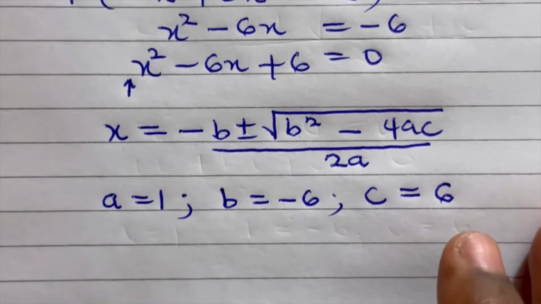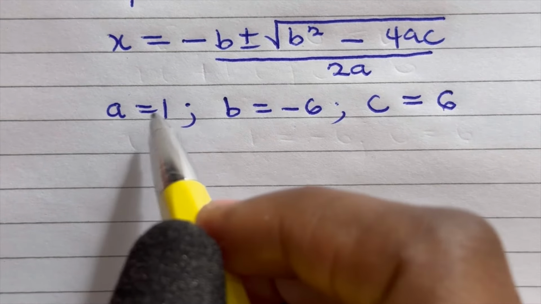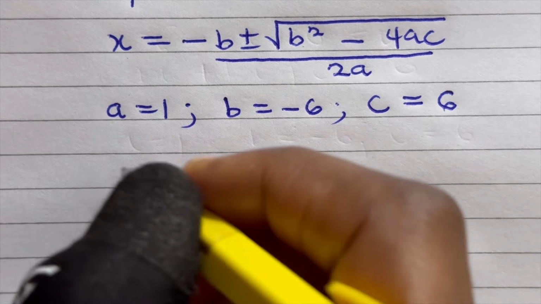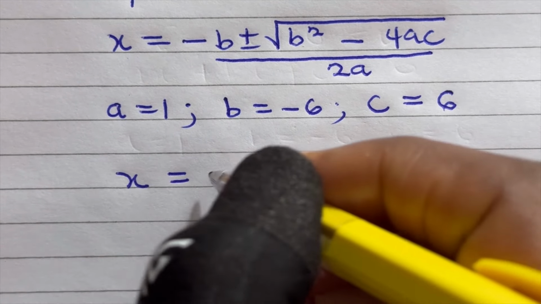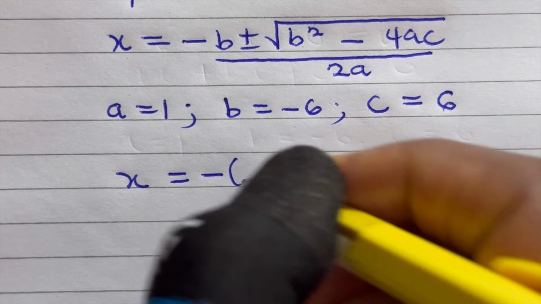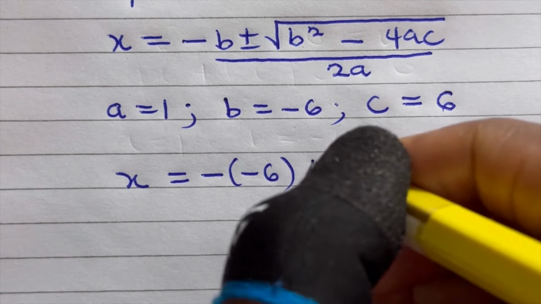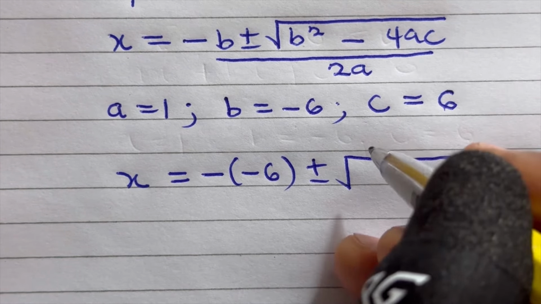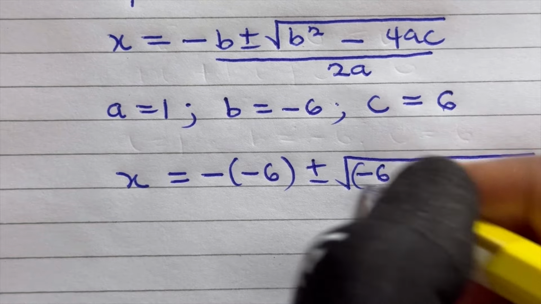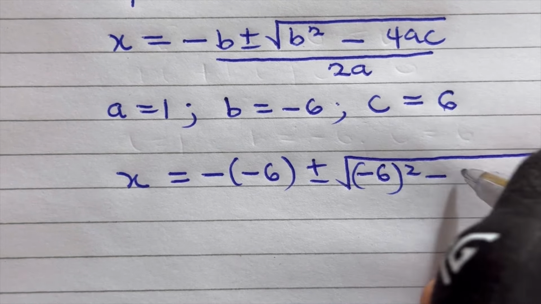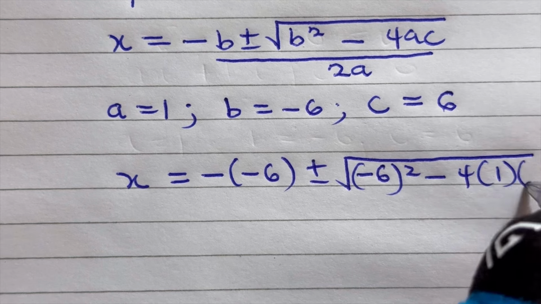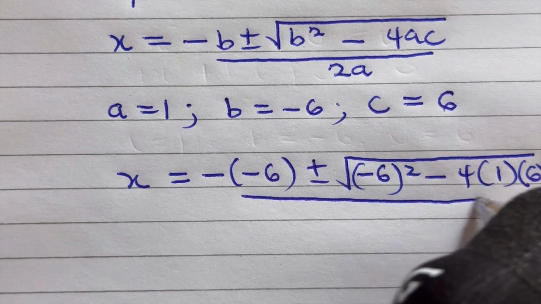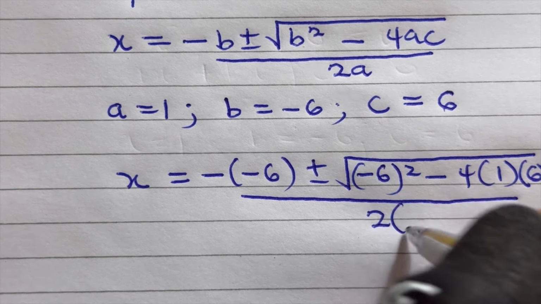So to solve for x, we now need to substitute all of this into this equation, so that x is equal to minus b, which is minus 6, then plus or minus the square root of b squared is minus 6 squared, then minus 4 into a is 1 and c is 6. Then divide through by 2 into 1.